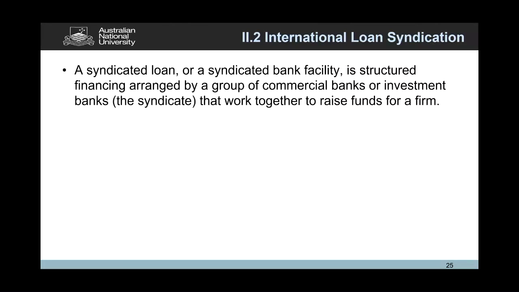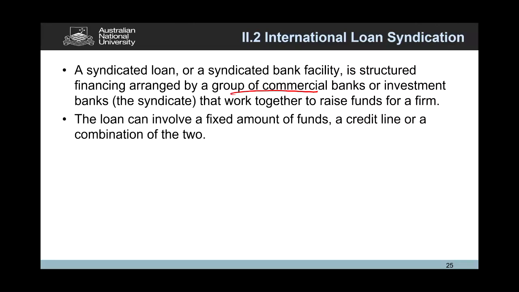And then we also have international loan syndication that we talked about, how each of those instruments are underwritten by a collection of investment banks and banks, right? So a syndicated loan or a syndicated bank facility is structured financing arranged by a group of commercial banks or investment banks, and they are referred to as the syndicate.